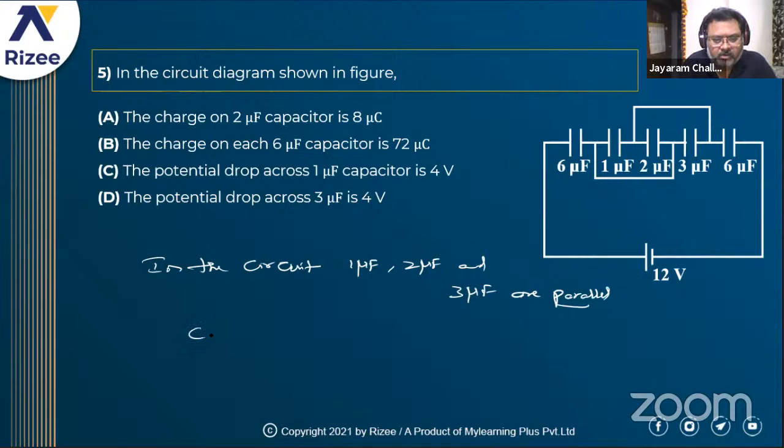Then the effective capacitance for the parallel condition is C1 plus C2 plus C3, that comes out to be 1 plus 2 plus 3, so that is 6 microfarad.